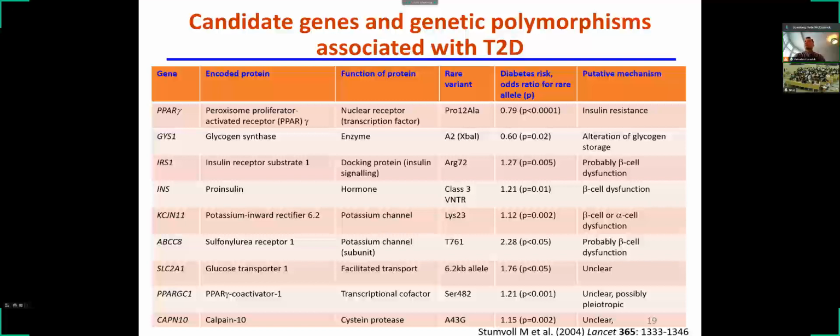You've got insulin receptor substrate 1. You've got proinsulin, the INS gene, for obvious reasons. You've got, remember, the potassium channels that were opening and depolarizing the membrane. Well, that's obviously a key factor if you've got certain point mutations, in this case a lysine 23 point mutation. You've got another potassium channel, ABCC8. You've got glucose transporter. Remember, glucose is transported back and forth.